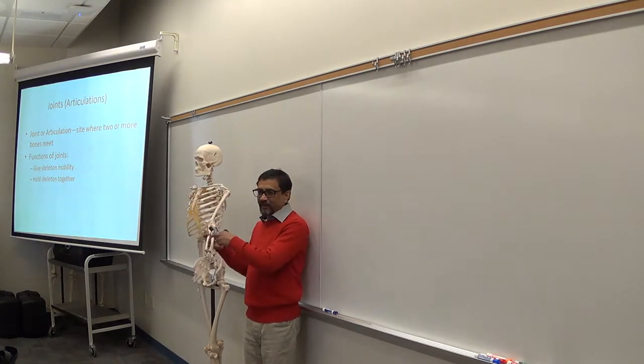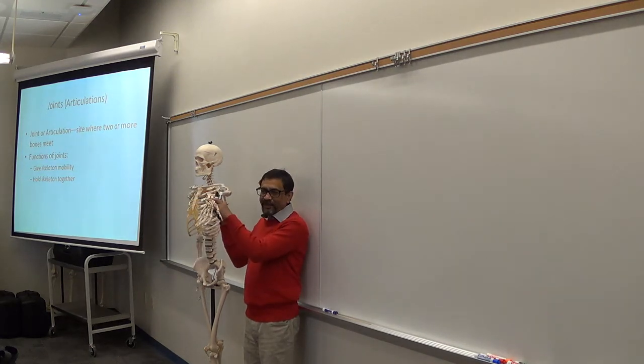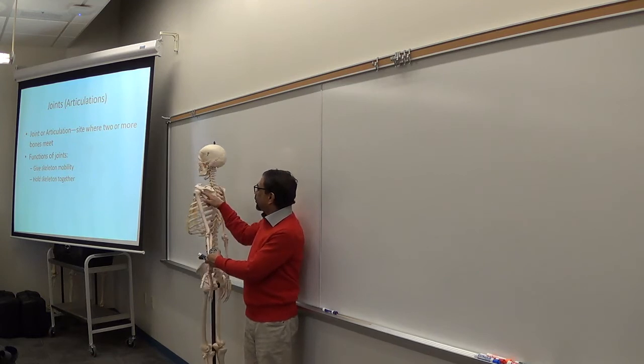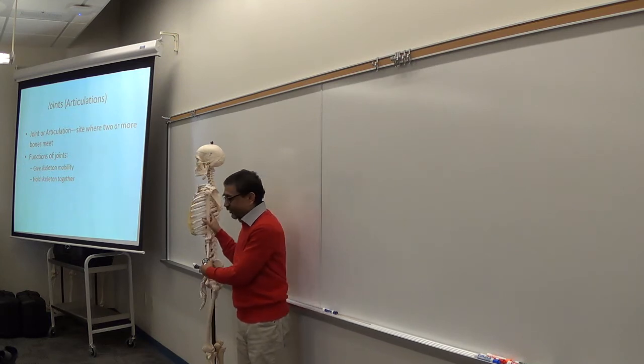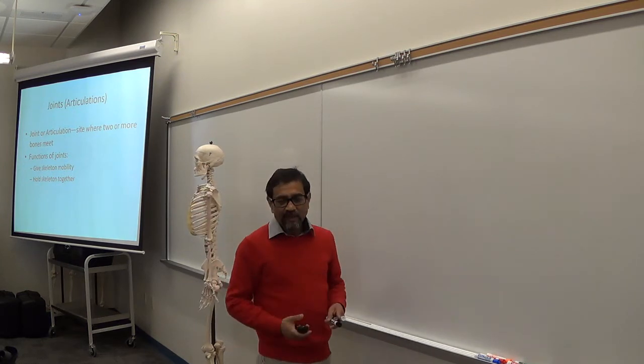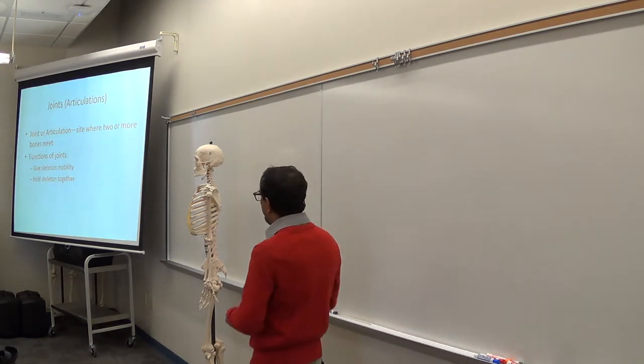And you see three bones are meeting here, right? So, three bones. This is the shoulder joint. Two bones meet here, right? The head of the humerus and the glenoid cavity of the scapula. So, two or more bones unite or meet or articulate. Okay?